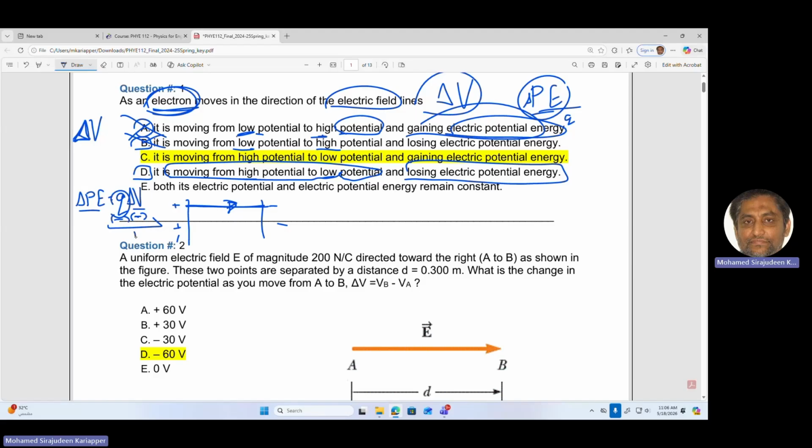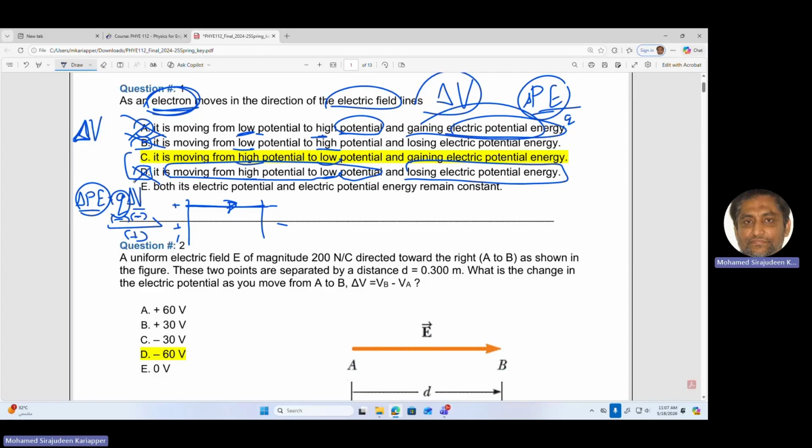Negative will become positive. That means when you move in the direction of the electric field, for an electron, the potential energy will be positive, meaning it increases, right? Final potential energy is greater than the initial. So potential energy increases. Now we have to select between these two. This is also correct for the potential, high to low.